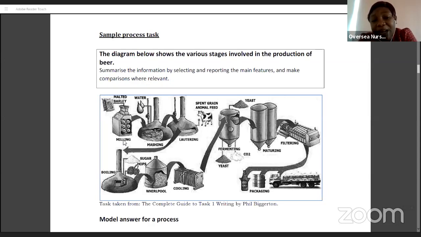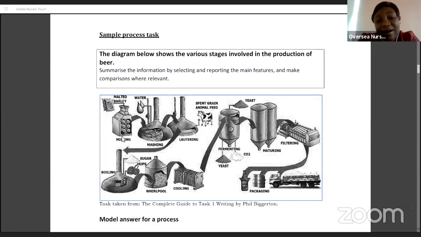Beginning from the milling of malted barley to the packaging of the prepared beer or drink. Beginning from the milling of the malted barley to packaging of the beer into cans and drums and vehicles, if that's how I want to say it. I've given you 3 ways of saying this. Do you understand?